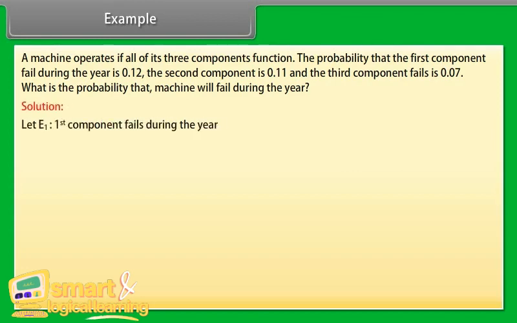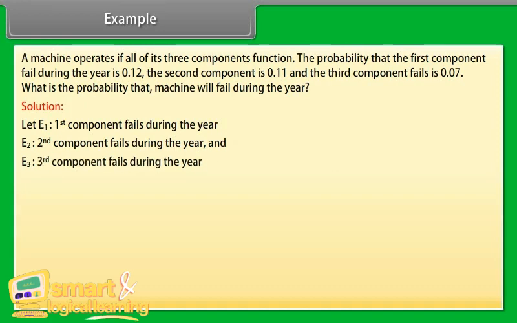Let E1 be first component fails during the year, E2 second component fails, and E3 third component fails. P(E1) is equal to 0.12, P(E2) is equal to 0.11, and P(E3) is equal to 0.07.